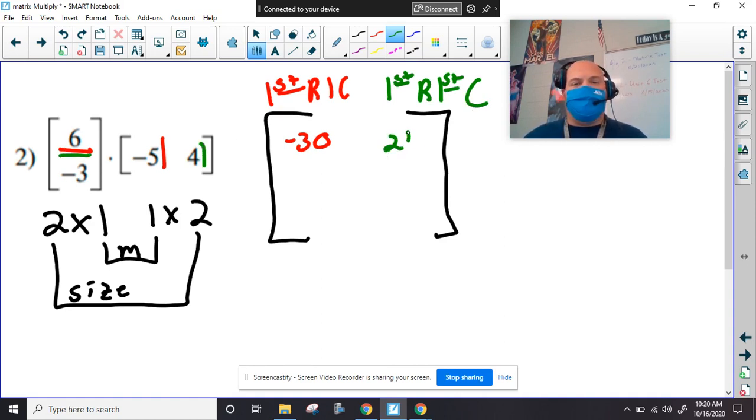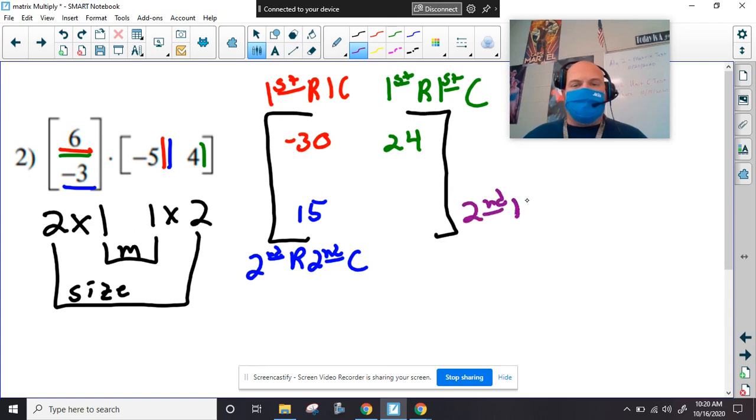Well, 24. This is second row, first column, that's -3 times -5, which is 15. This is second row, second column, -3 times 4, -12.